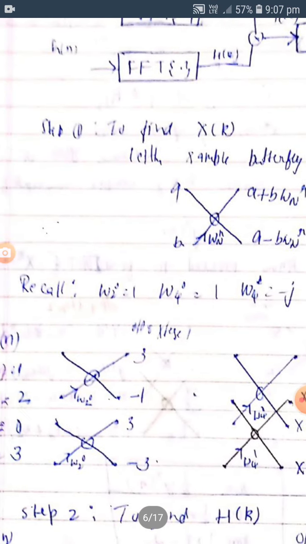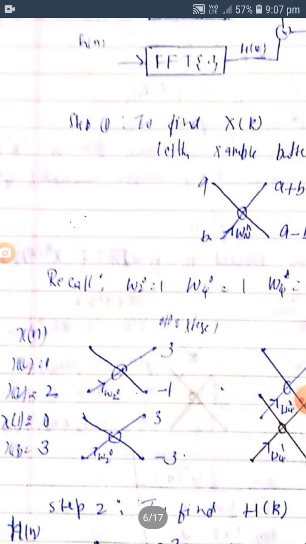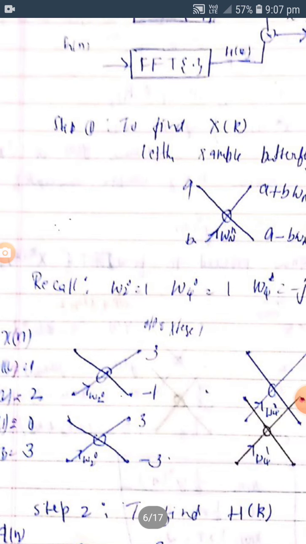Now take x of n. The x of n will be 1 2 0 3. Now what we can do, you have to split your input signal. So start with x of 0, x of 1, x of 2 and x of 3. Start right from the first signal. Write the alternates: in the first group, x of 0 and x of 2.